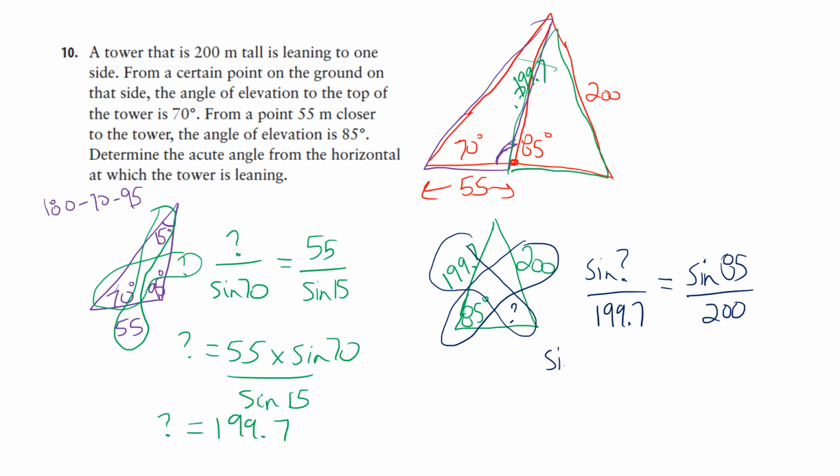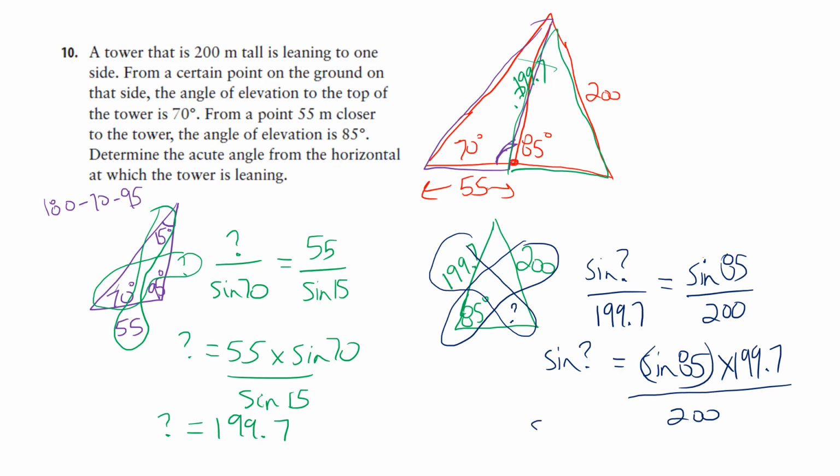So first step is to multiply the 199.7 up, divide by the 200, and that's where you're going to get that strange little decimal place, but there's an extra step to do at the end to turn it into a more reasonable answer. So sine of 85 times 199.7 divided by 200.